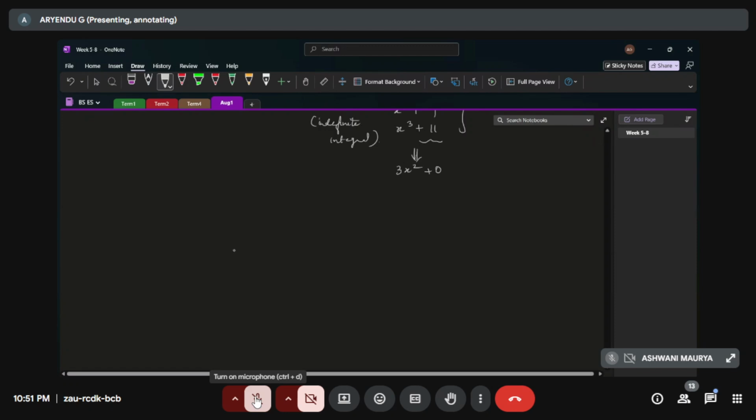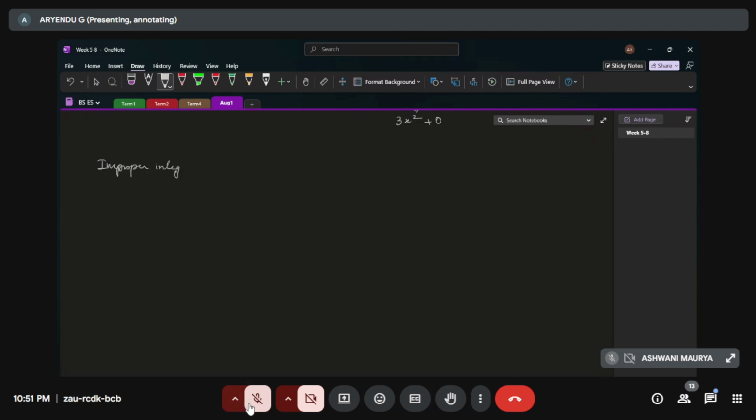Okay, so that is there. And then you have something called the improper integral.